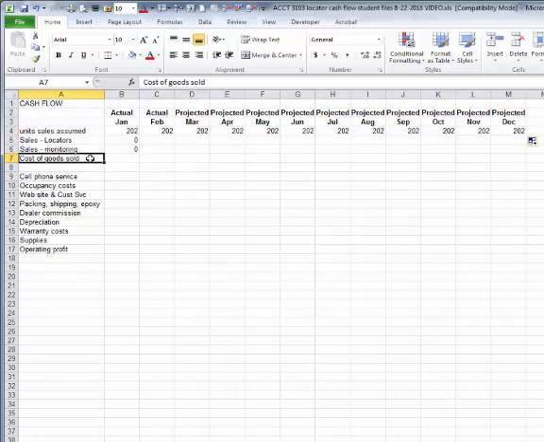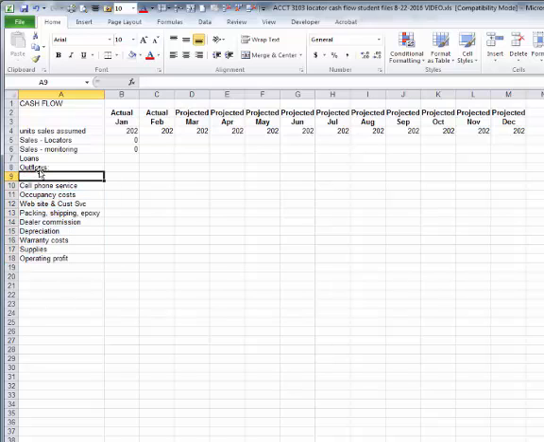Okay, so in terms of outflows, so that's inflows. Well, I guess we would also have loans would be an inflow, so I guess we'll put that in there. And then for outflows, we would have purchases of locators, cell phone service, occupancy, website, that would be our payroll.